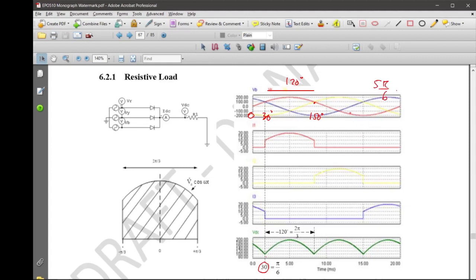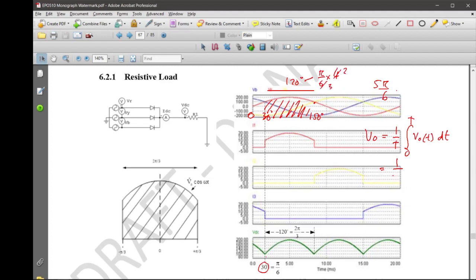So you can integrate. You know that the average output voltage V out equals 1 over T, integral from 0 to T of V out dt. You can change that to 120 degree, which is pi over 6 multiplied by 4, so 2 pi over 3.